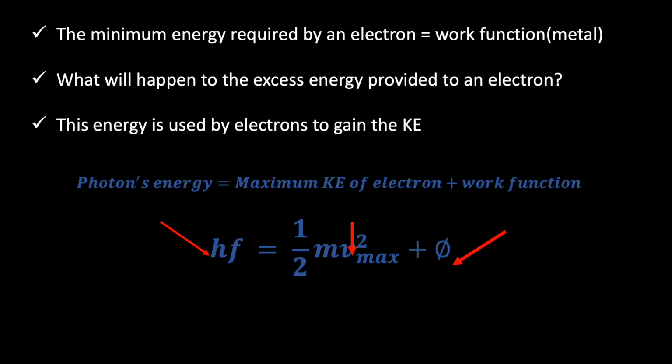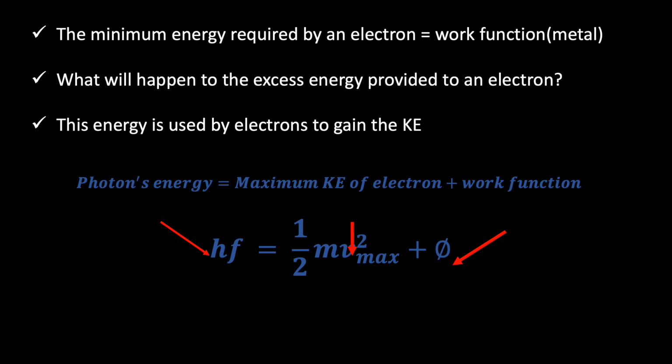Einstein developed an equation to describe the photoelectric effect, which is based fundamentally on energy conservation. As we discussed earlier, the electrons gain energy from the photons to escape from the metal. The minimum energy they should gain to escape from the metal is equal to the work function. Now, what will happen to the excess energy, or the difference of energy between the photon and the work function? This will be used by the electron to gain kinetic energy.